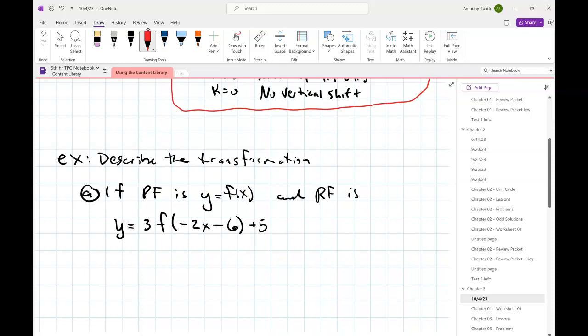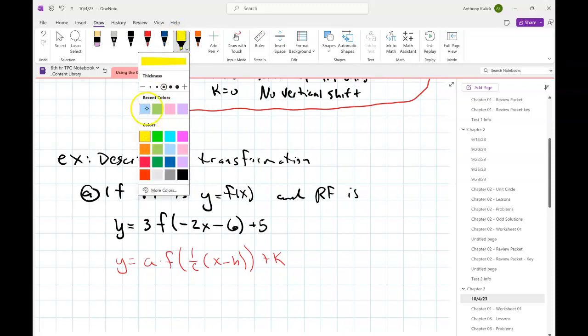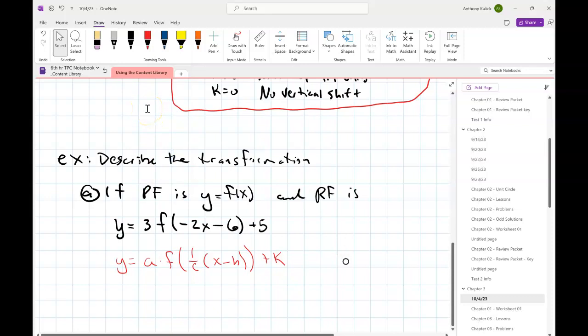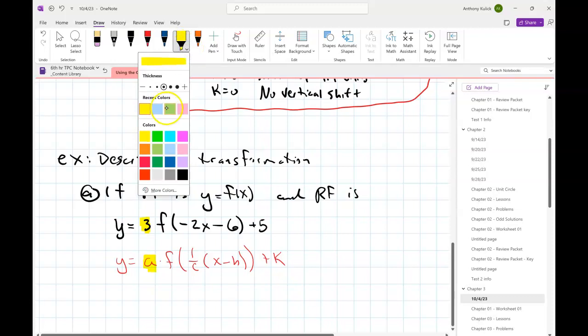So to find A, C, H, and K, I want to start by rewriting my function that I'm given in this form. So that was the general form for the resultant function. So it should be fairly easy to see that A needs to be 3.